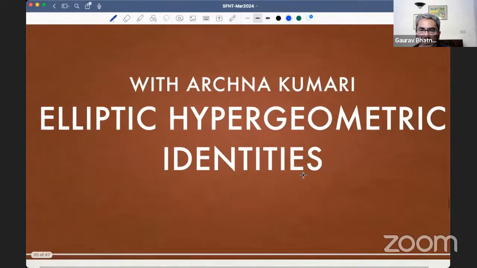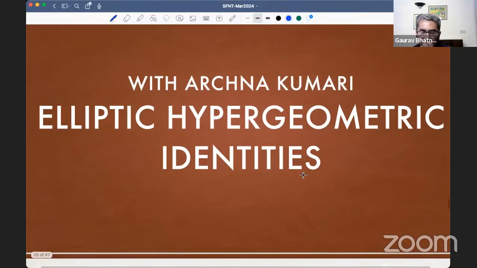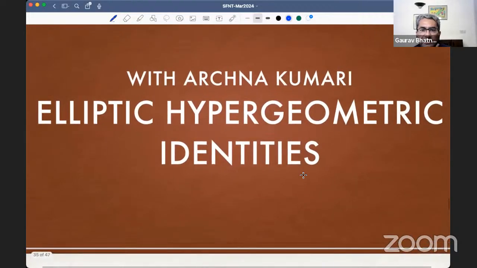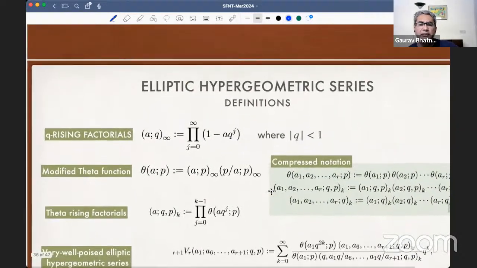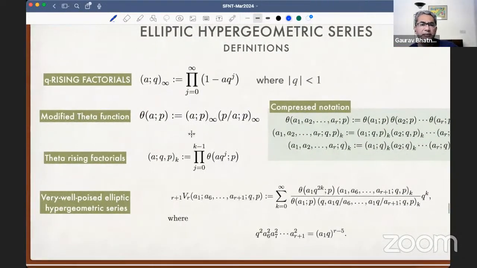This is the latest thing, which I've just uploaded recently on arXiv, with Archana, and these are hypergeometric. So the third type of identities which we consider: first we considered Fibonacci, then we did telescoping, which were the elementary identities, and now we're getting to elliptic hypergeometric identities. So what are elliptic hypergeometric identities?